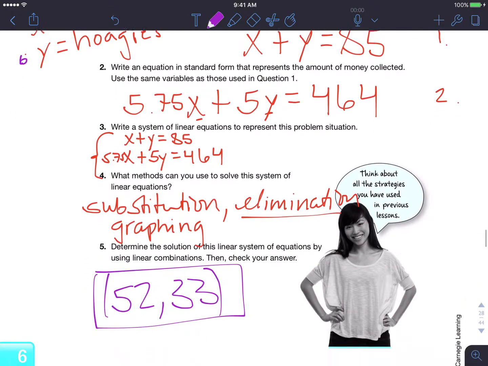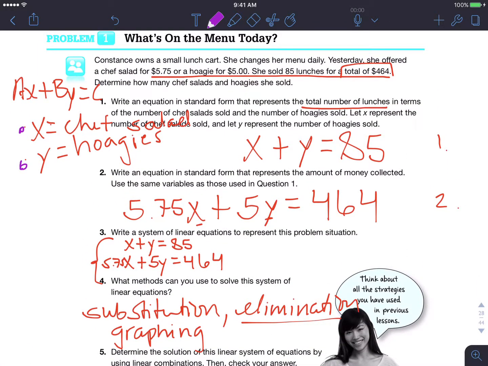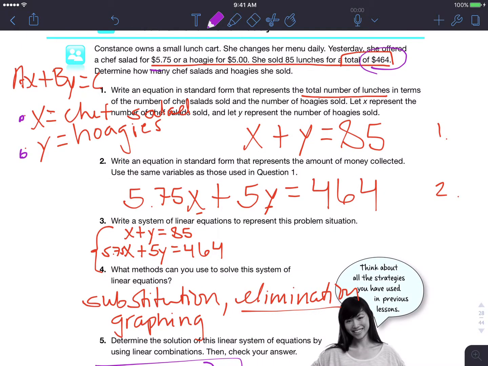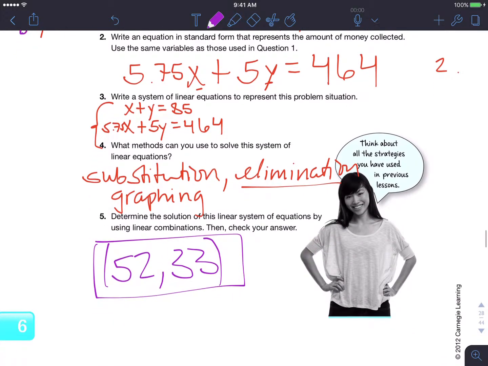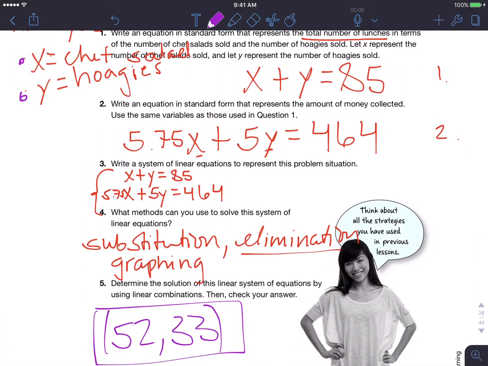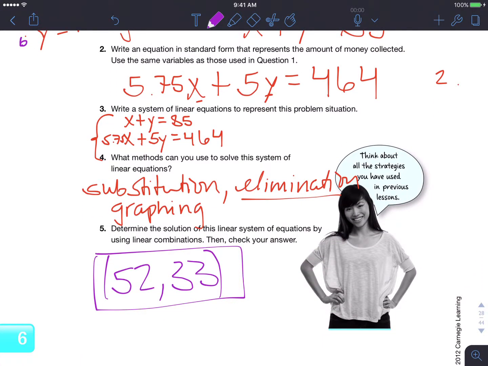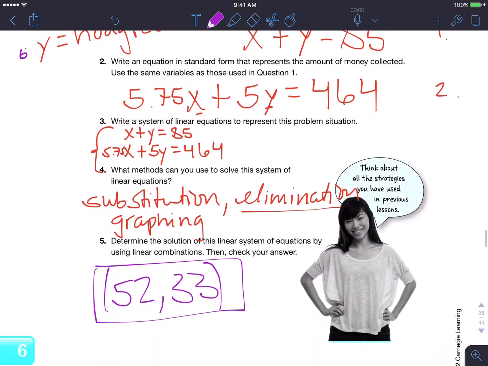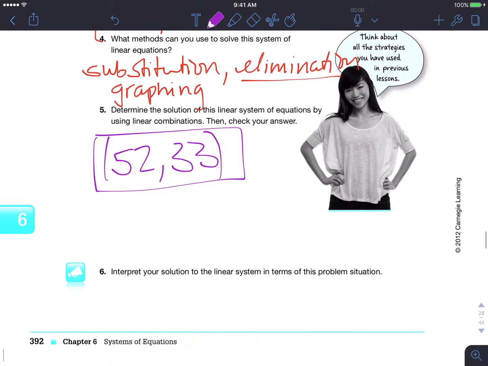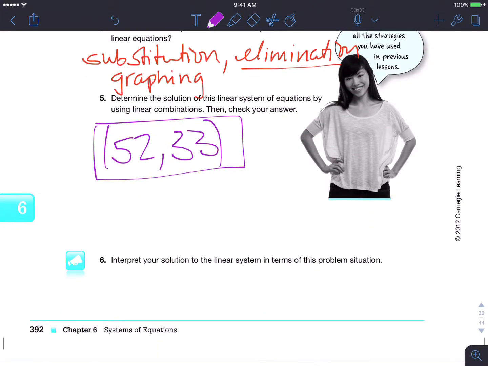That means that in order to add up to $464 with these prices, they sold 52 chef salads and 33 hoagies, which is realistic if you think of a restaurant that in a day could sell that many. And so that's a real answer. If you would have got like 1 million something in one day, it's a little different, but these are reasonable answers.